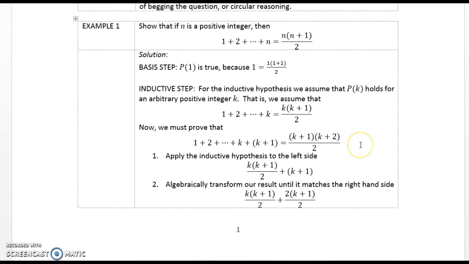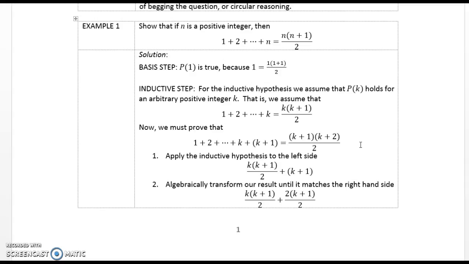Example 1. Show that if n is a positive integer, then 1 plus 2 plus ... plus n, the sum of the first n positive integers, is equal to n times n plus 1 over 2. Basis step. P of 1 is true because 1 is equal to 1 times 1 plus 1 over 2. Inductive step.